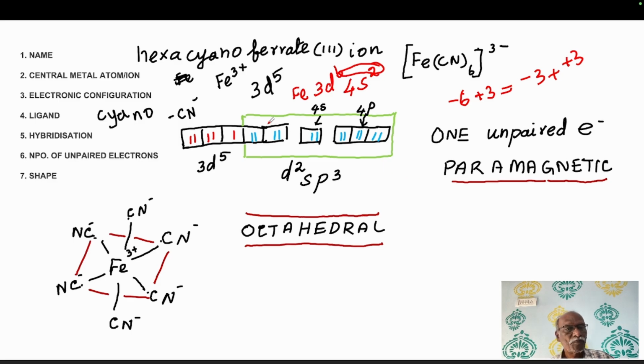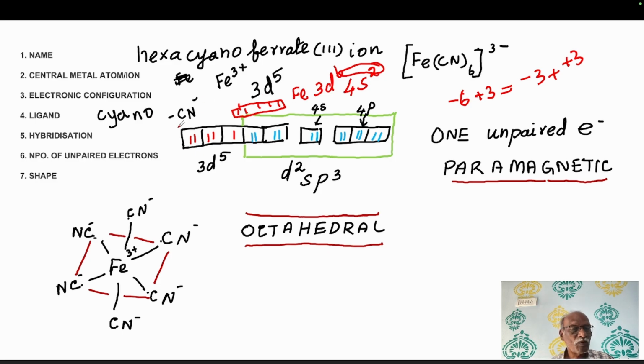So what is the 3d5 electronic configuration supposed to be? 1, 1, 1, 1, 1. 5 electrons would be separate, independent, unpaired. But what happens here?